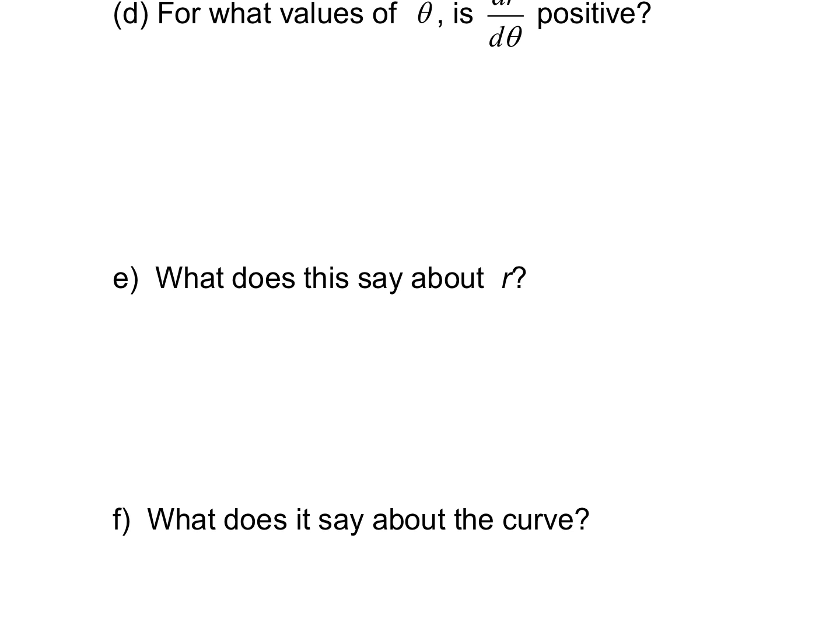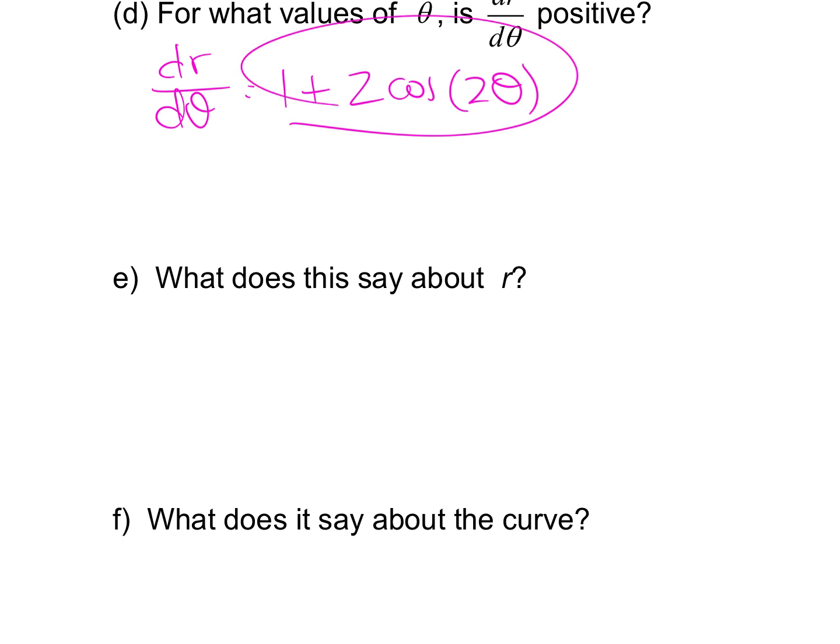Okay, if I want to know where this equation is positive, I could very easily use my y equals for this. Okay, so in the same way as in parts B and C, we switched variables, I'm going to go ahead and just enter dr d theta as my y1. And in place of the theta, I am going to put in x's.